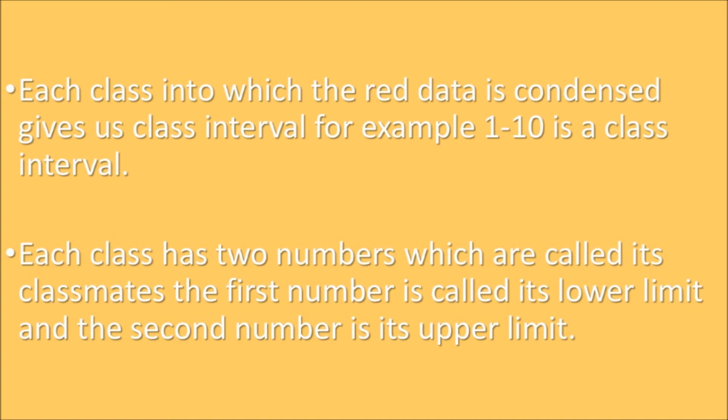Each class is bound by two numbers which are called class limits. The number on the left side of the class interval is called its lower limit, and that on the right side is called its upper limit. Thus, in the class interval 11 to 20, 11 is the lower limit.